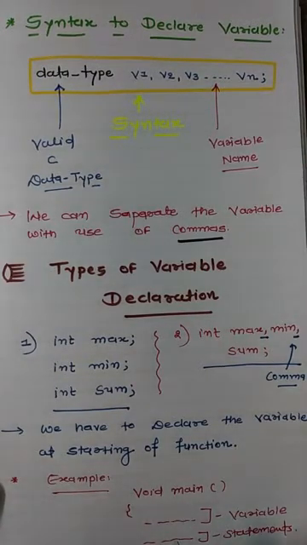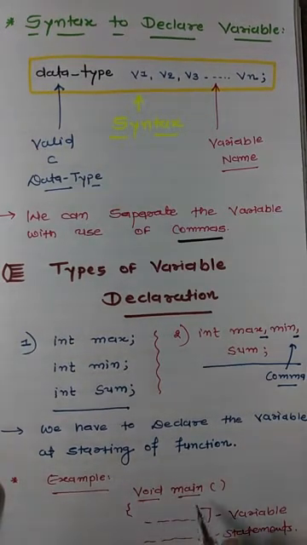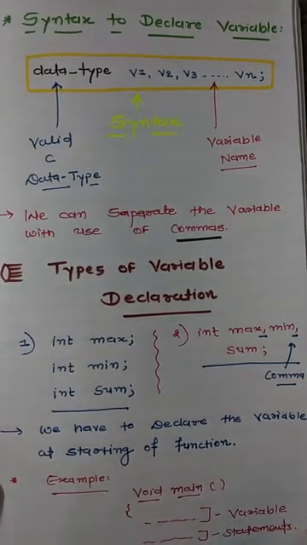Statement. It means that whenever I declare the void main, then in this function the first section is used for the variables, then the next section is used for the statements. Okay, let's see the example.